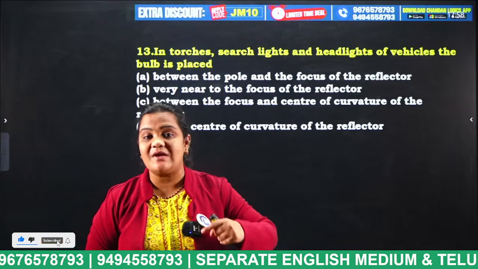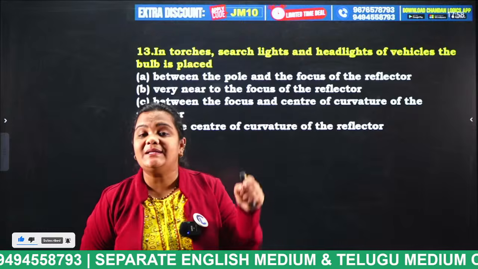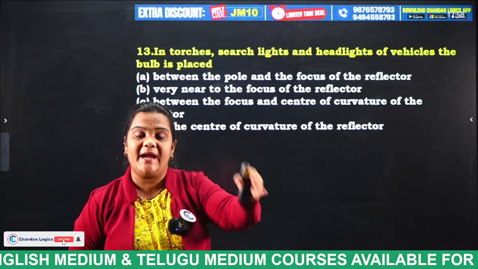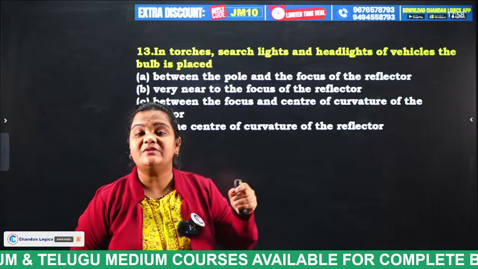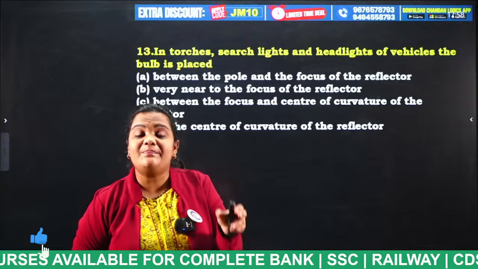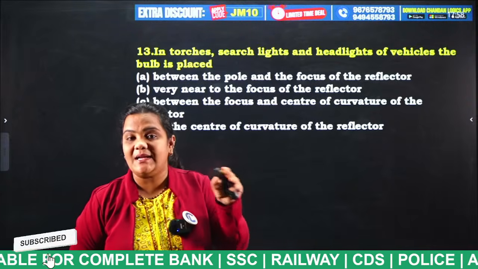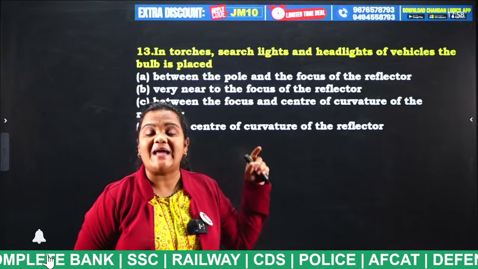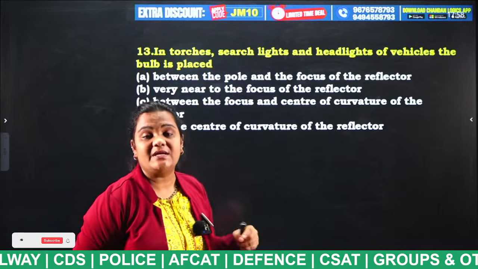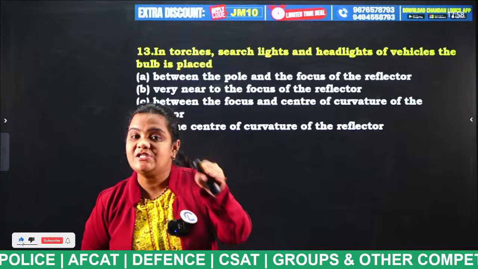Okay, did you understand what I am saying? Why is the light in the torchlight or the headlights straight in line? Because the bulb which is emitting light rays in those instruments is placed very near to the focal length of the concave mirror. For that purpose only, the torchlight, the headlight and the searchlights give light in a very straight manner.